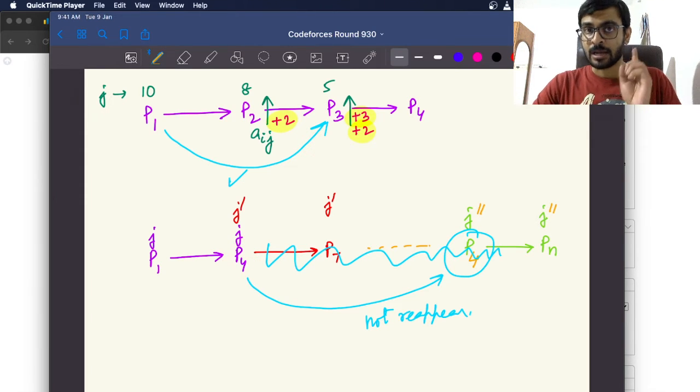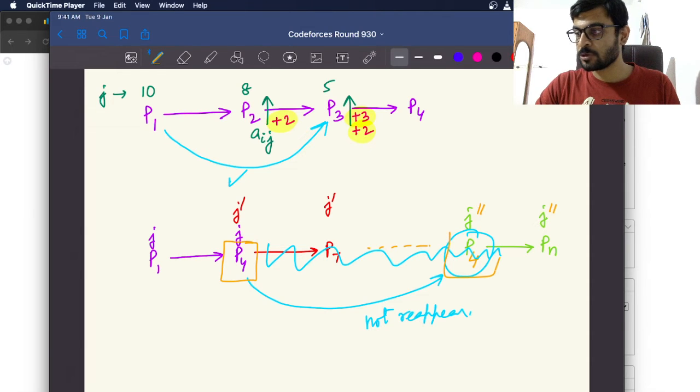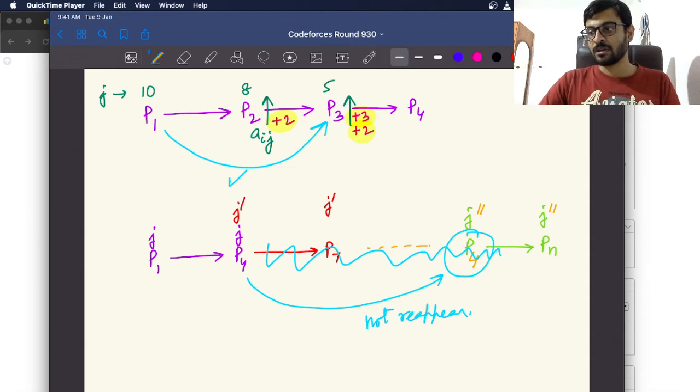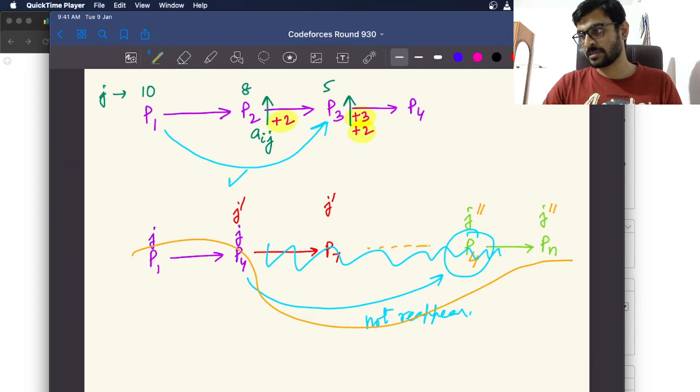Think through it, and please ask doubts on any channels, etc., if you feel you find some good insights over here. But this P4 is not going to appear over here due to this basic reason that then we will have a better answer through this path.